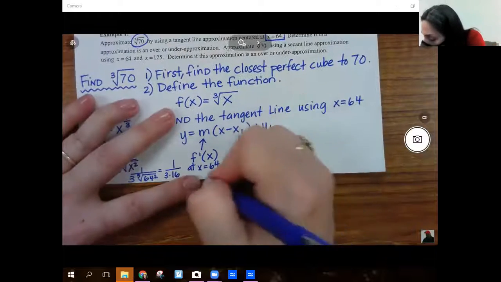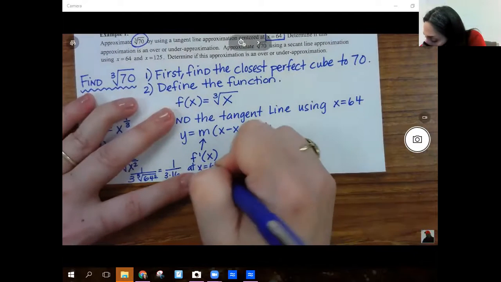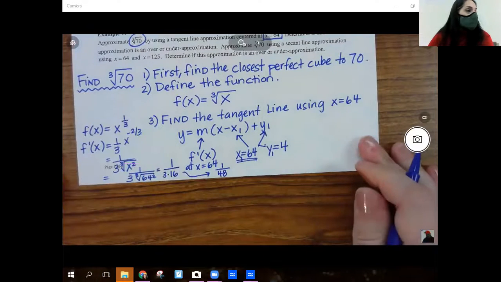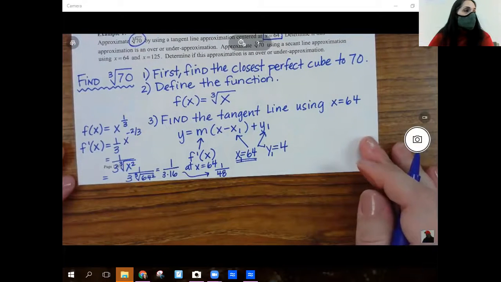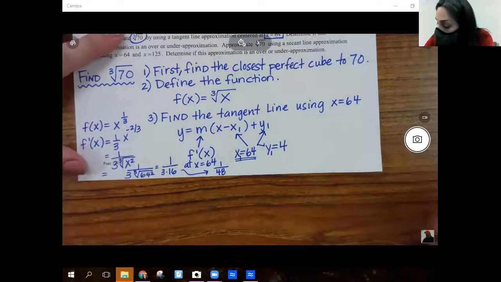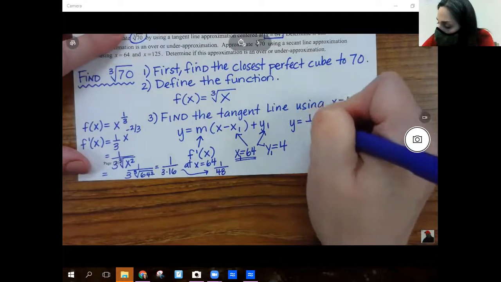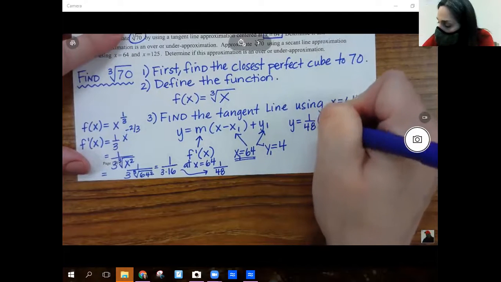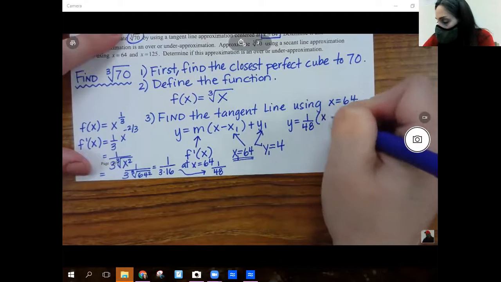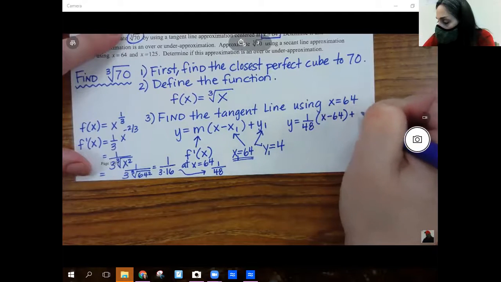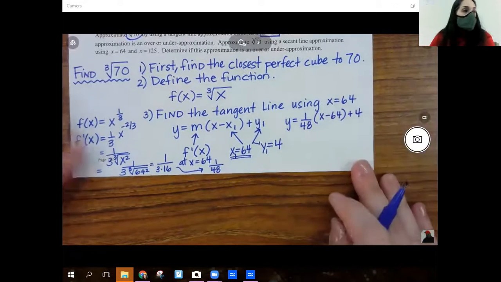which is 1/48. Okay? So your tangent line is y equals 1/48 times x minus 64 plus 4.